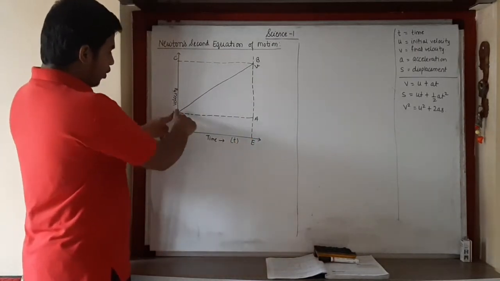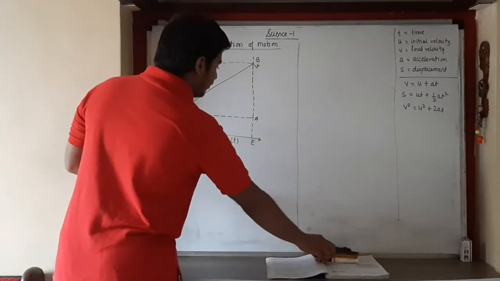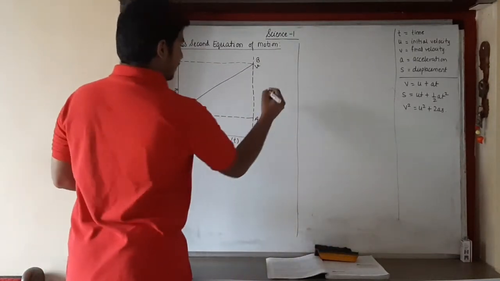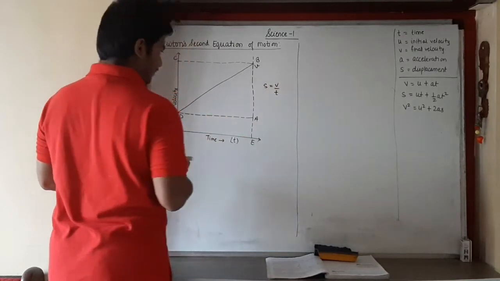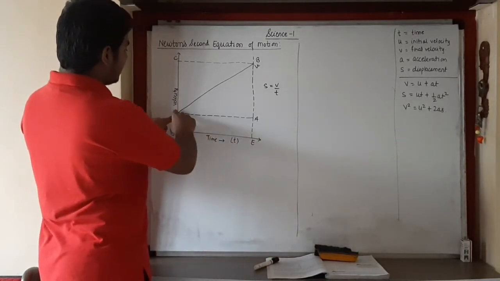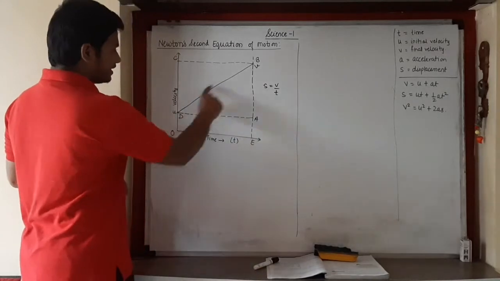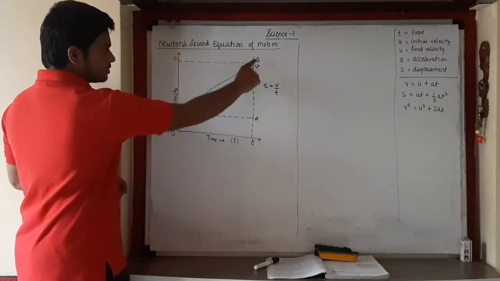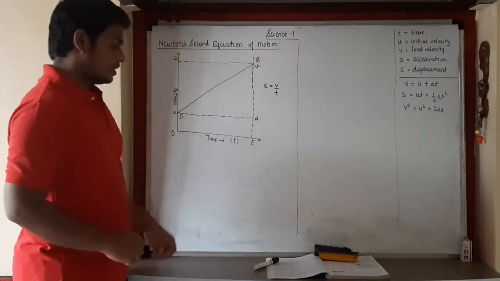How did we obtain this as displacement? Simple thing. The displacement formula is velocity multiplied by time. Yes or no? So velocity is initial to final and we require time T. So basically the area which comes under quadrangle ODBE represents the displacement.